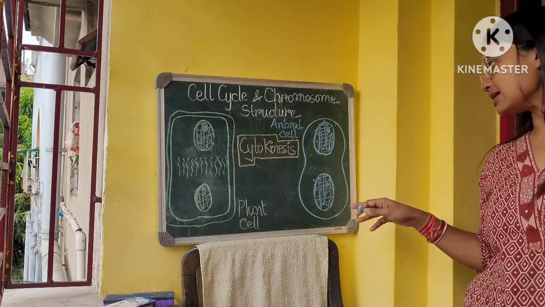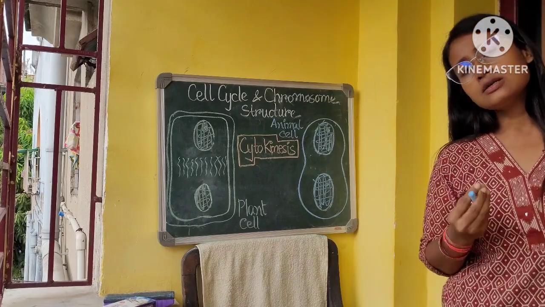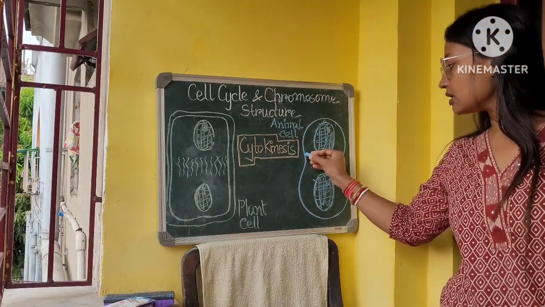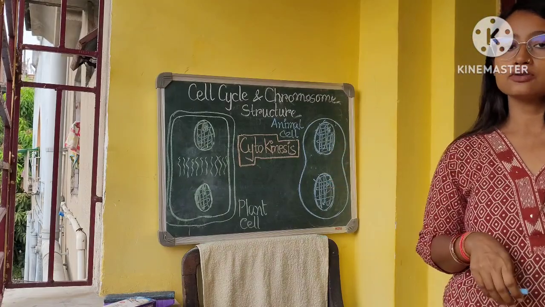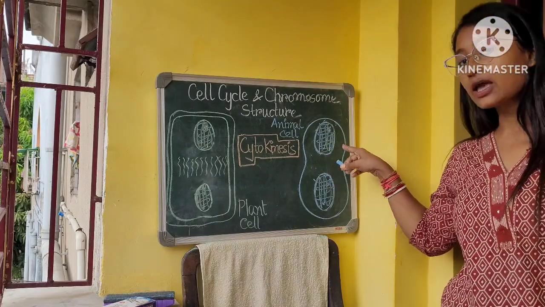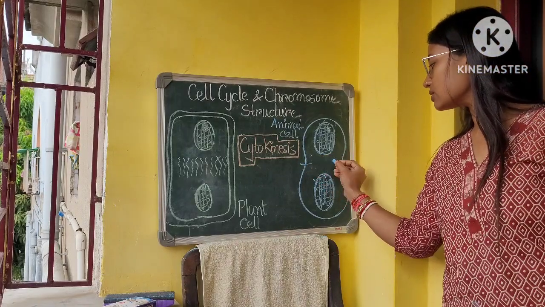Inside animal cells, the cytokinesis occurs in a very simple manner. At first, when the two daughter nuclei appear in the cell, as we can see from the picture, a furrow appears in the equator region.